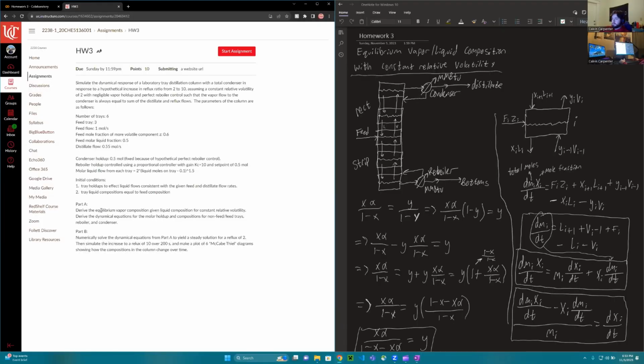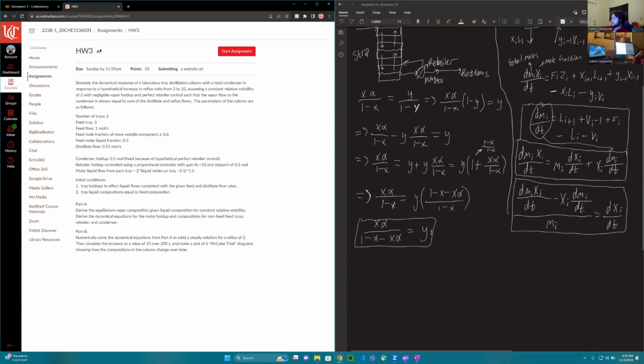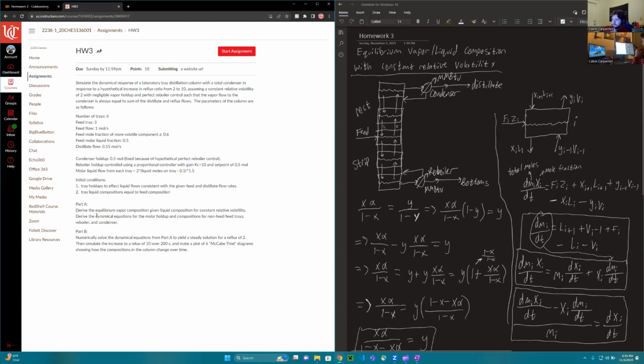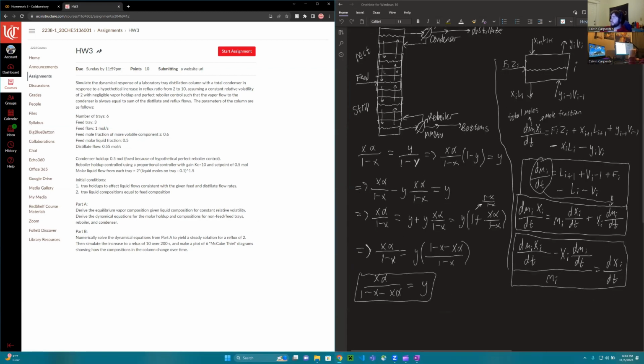So we're done with part A, where, as you can see here, we derived the equilibrium vapor composition given liquid composition for constant relative volatility, with y equals x alpha over 1 plus x alpha. And then we derived the dynamical equations for the molar holdup and compositions for non-feed and feed trays, reboiler and condenser, with these three equations here.